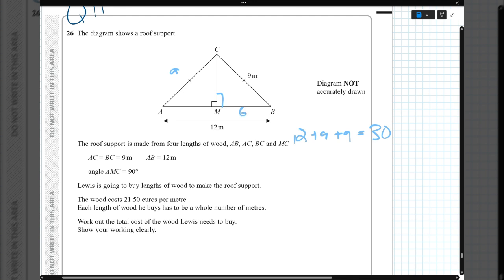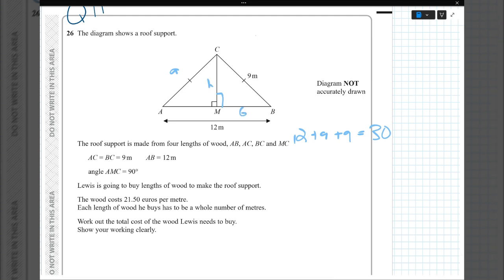So we can use Pythagoras theorem. We'll call that h for the height. H squared plus 6 squared is equal to 9 squared. H squared will equal 9 squared minus 6 squared. H will equal the square root of 9 squared minus 6 squared. And what that works out to be, let me check my calculator, 3 root 5.